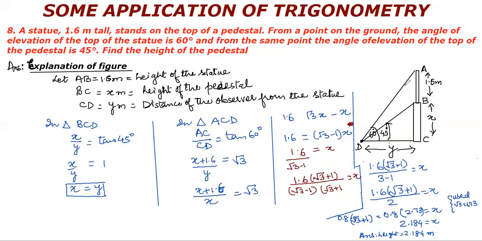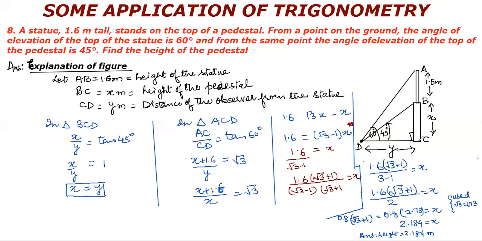Now we will consider the other right angle triangle. In height and distance questions, children, all the vertical lines are considered to be perpendicular to the horizontal line. All the vertical lines are considered to be perpendicular to the horizontal line. So that means this is perpendicular.